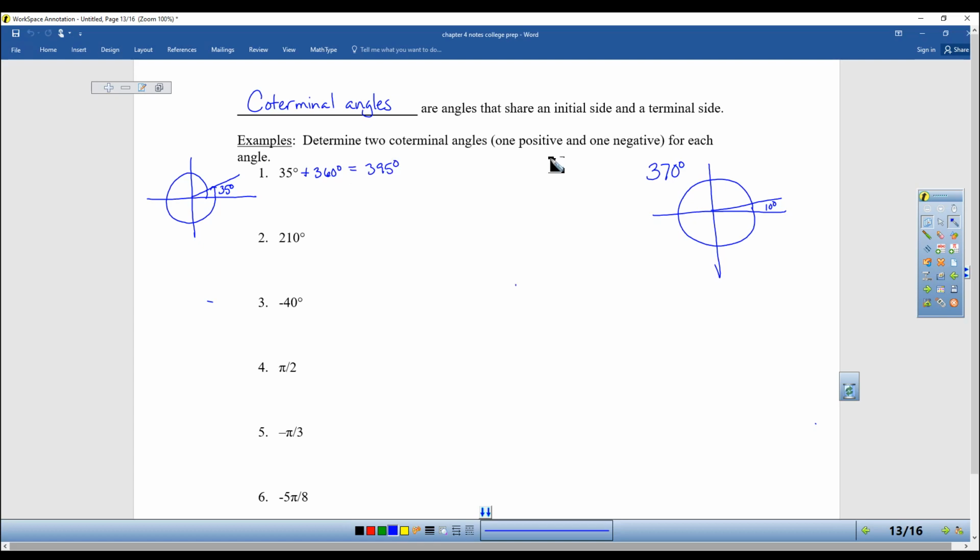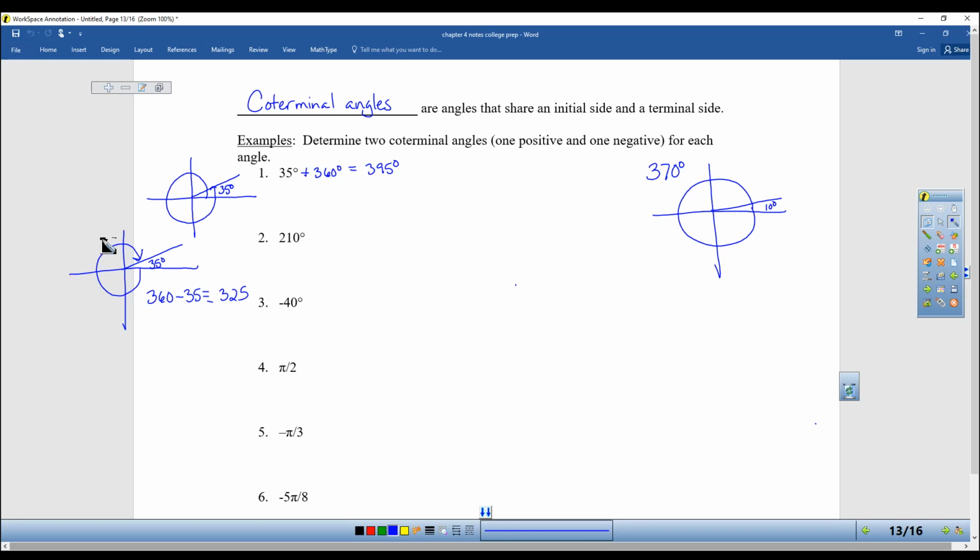Now it does ask for one positive and one negative. You can get the negative one by going backwards. So again, if I start at 35 degrees and I want to arrive at that exact same spot, then I can go backwards, and that distance will be 360 minus the 35, which will give you 325.